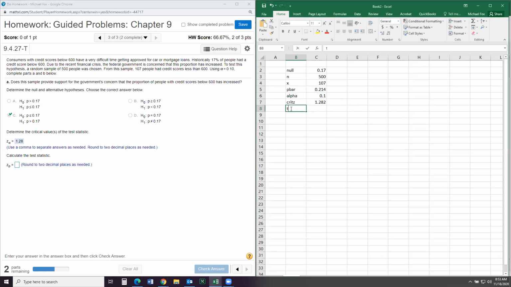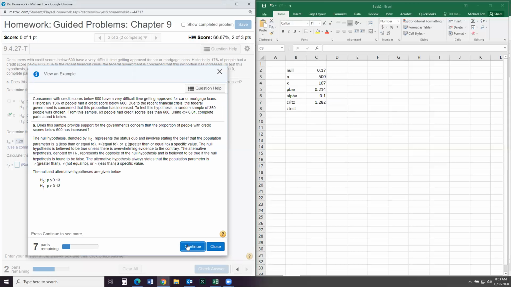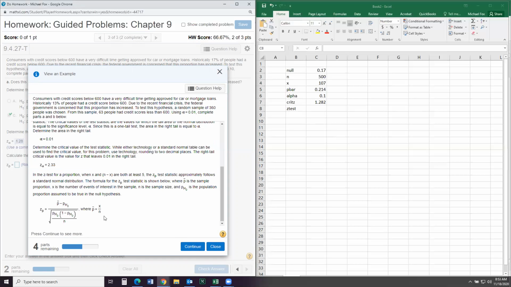My test statistic, z test. So this is another one where I don't remember the formula, right? So what's cool about that is I can go here to question help, give you an example. It will give me a formula that I can then use, okay? It's kind of complicated, but not too bad.